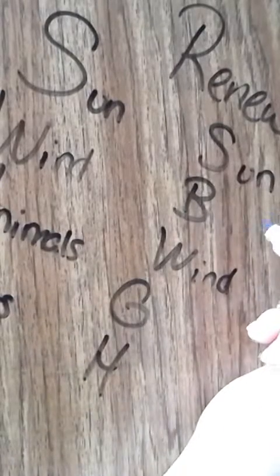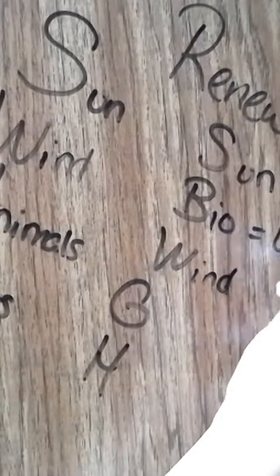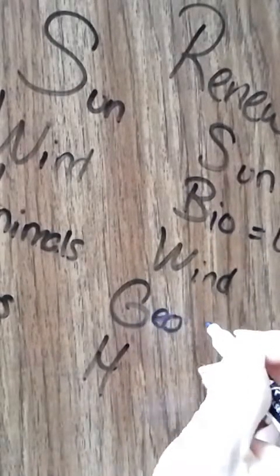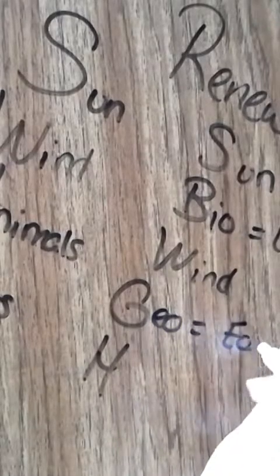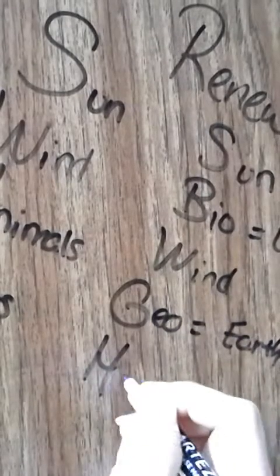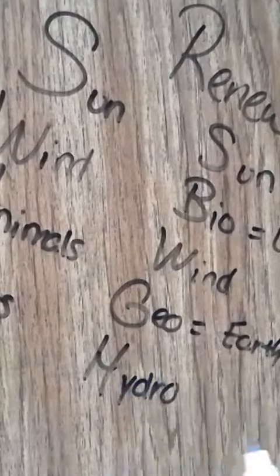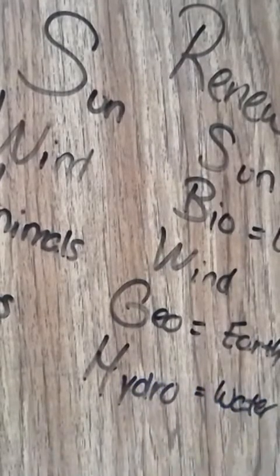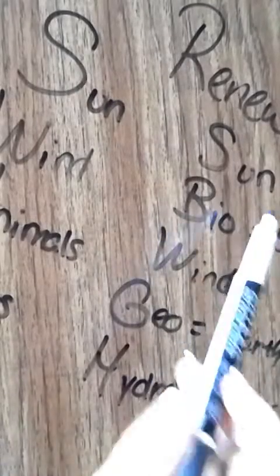In 5th grade, it's sun, bio. Bio means life. Remember that. Wind, geo equals earth. And H is hydro. Okay, that's water. So renewable energy: sun, bio.